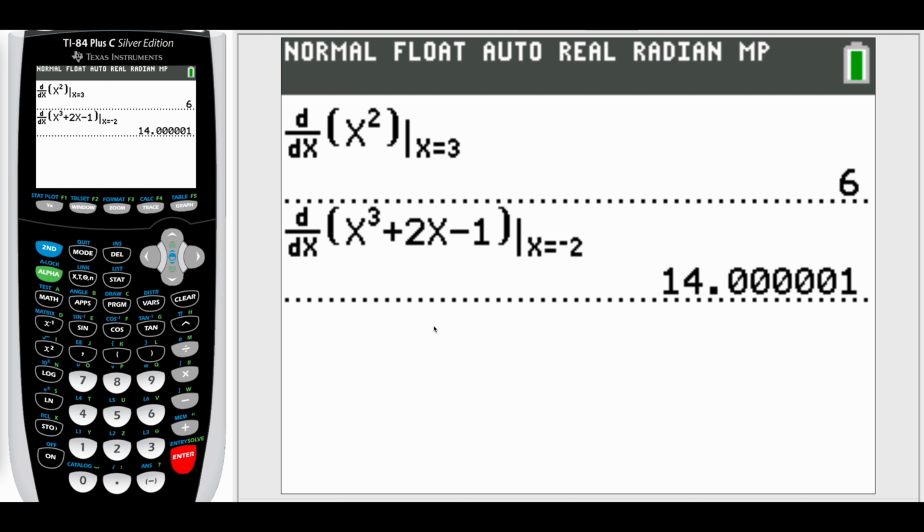So you have to use your human brain here to understand that that extra change, the 0.000001, is just to be ignored. Whenever you have a value with a higher power, or some other reason for the derivative to come out in a weird way, sometimes it brings out those extra values. You have to know to ignore that, because again, the calculator is not finding the derivative and plugging in negative 2.